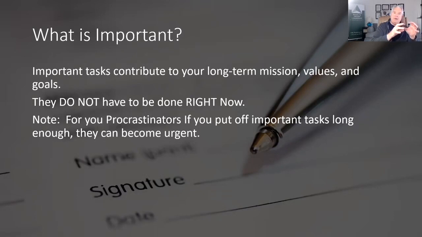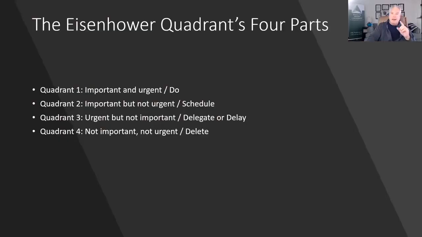They do not have to be done right now very often. Those are things that you've got some time to get done. And again, because very often we're treating everything with too much urgency, we tend to shorten or narrow the time we have available to work on the bigger, longer term important things. That's, again, the essence of the Eisenhower Quadrant.